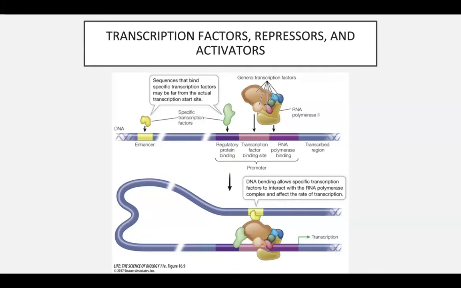What allows the enhancer region to still be transcribed, and the transcription factors to still allow RNA polymerase to come in, is DNA bending. DNA bending allows transcription factors to interact with the RNA polymerase complex and affect the rate of transcription. As you see here, it folds in over itself to allow the enhancer region to bind to the complex so that RNA polymerase II can continue forward.